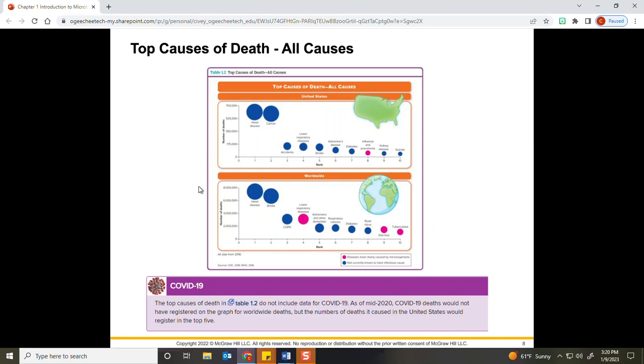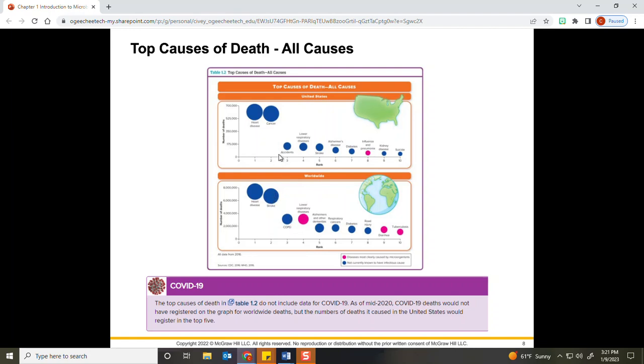So what we're seeing here is globally, heart disease is the most prevalent cause of death both worldwide and in the United States. Afterwards, we see cancer. We see stroke as the second leader of death worldwide.